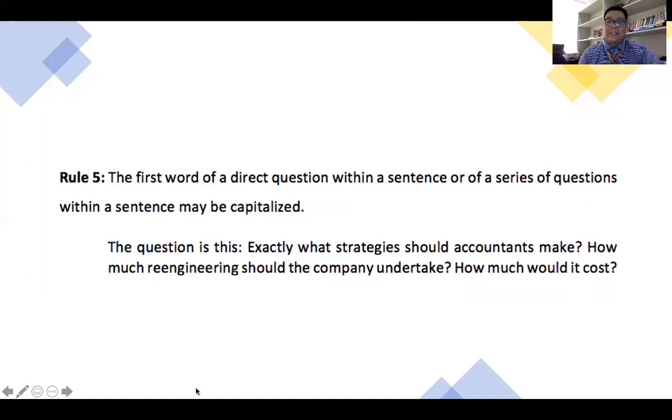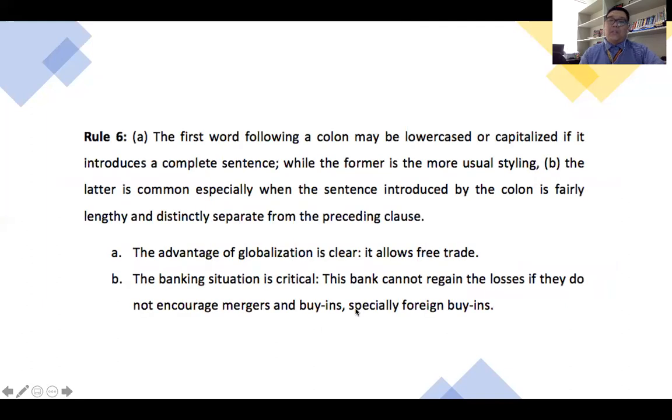In writing this, you don't have to write it as if it appears to be one sentence only. You may still have the three separate sentences here, provided that you capitalize the first letter of the first word of each of the sentences, same as how we wrote it on the screen. Rule number 6.